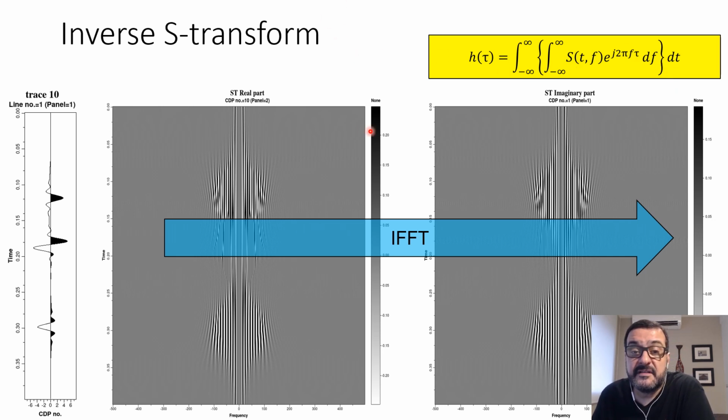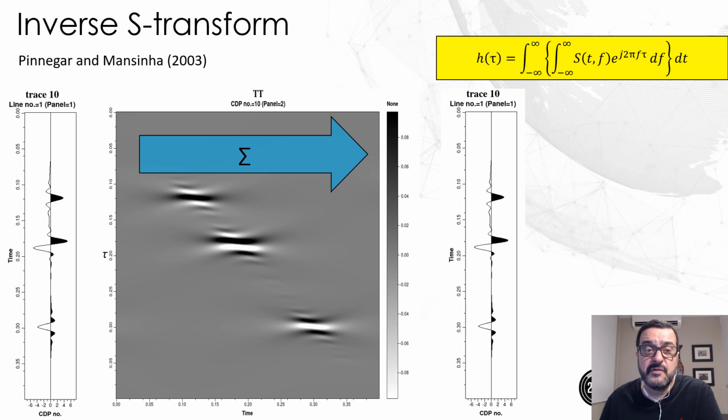Please note that, different from the previous slides, the inner braces evaluation results in a 2D matrix with both indices being a function of the time. To keep visually the reconstructed trace vertical, we rotated here the inner integral result. This way, the inverse transform is the stacking of the matrix columns.